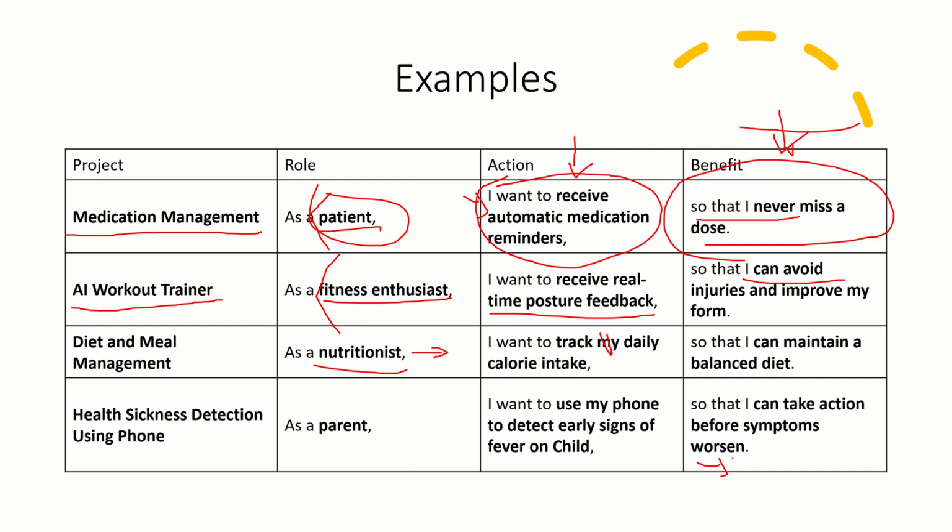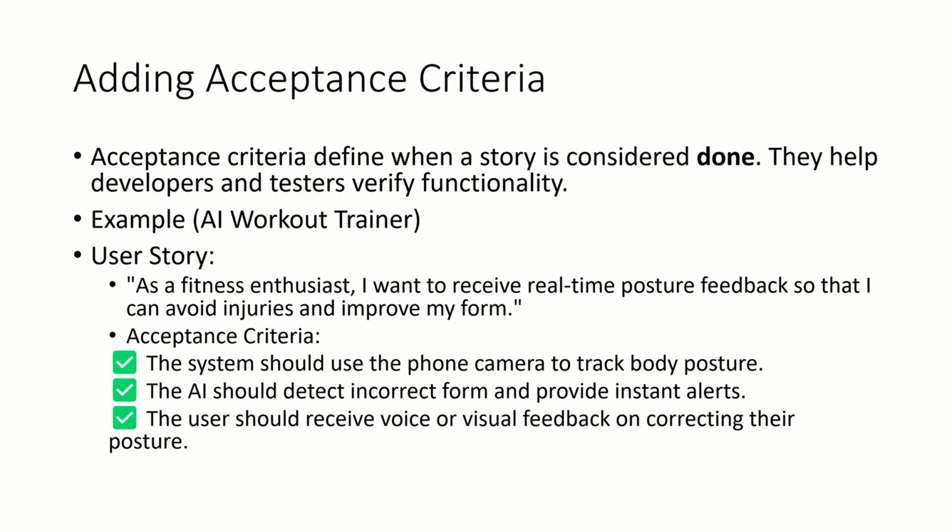Okay, so after that, we're trying to test each of the user stories, because we need to make sure those stories can be done, and that there's a signal or something that can help you verify this functionality is done. For example, I'm using the AI workout trainer.